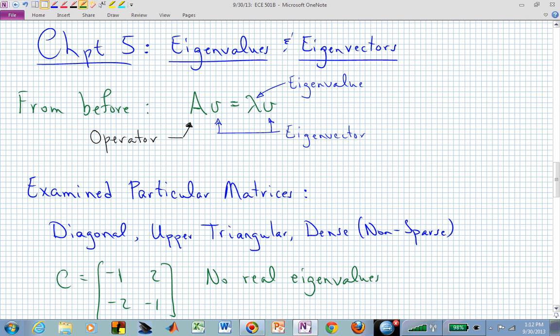Starting back up in chapter 5, from before we know to anticipate that this is the equation that we're working towards, which is Av = λv. v is a vector, A is an operator, and λ is an eigenvalue. And really that v spans an invariant subspace. It's one-dimensional, and that's what we want to try to get more comfortable with working through today's lecture.